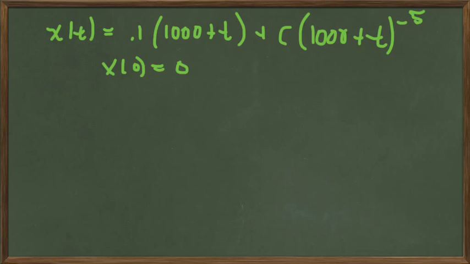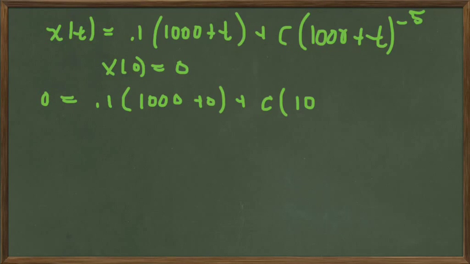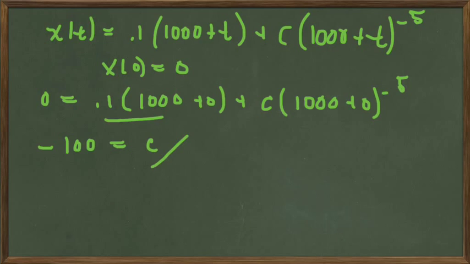Plug in 0 for t and 0 for x of t, so 0 equals 0.1 times 1000 plus 0 plus c times 1000 plus 0 to the minus 5th. This number right here is 100. So we bring it over here, we get minus 100 equals c divided by 1000 to the 5th.